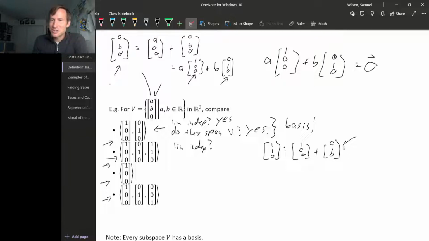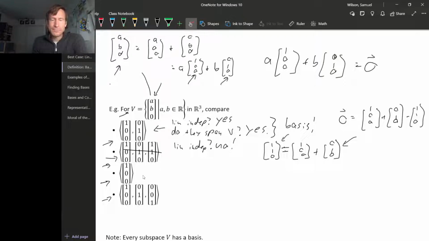This is a non-trivial linear dependence relationship. If you wanted to, you could move this one to the other side to write, the 0 vector is (1, 0, 0) plus (0, 1, 0) minus (1, 1, 0). So there's your non-trivial linear dependence relationship. So are these linearly independent? No, clearly not. So this isn't a basis for V.